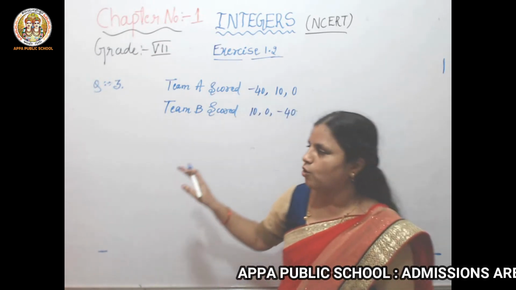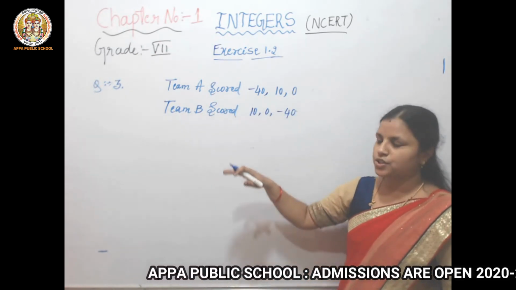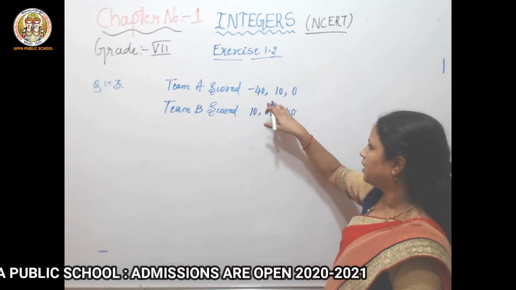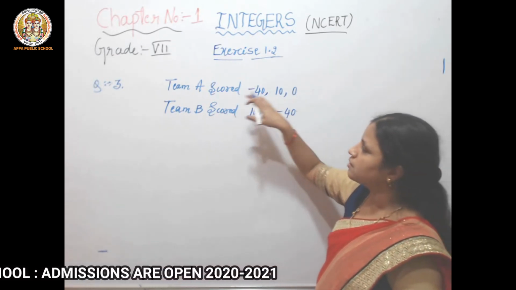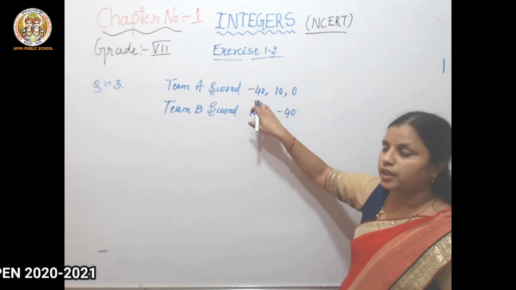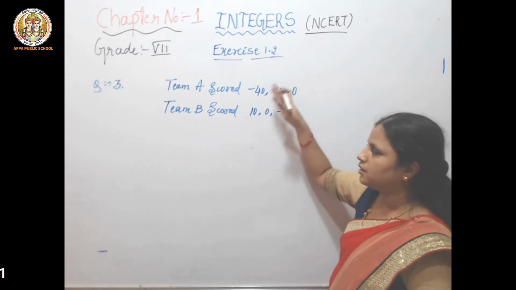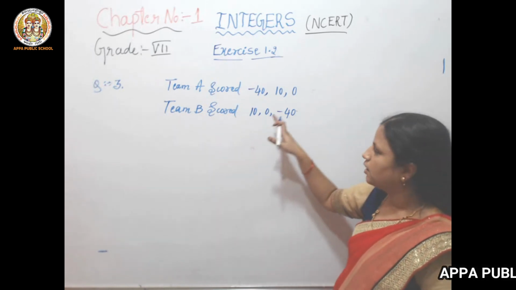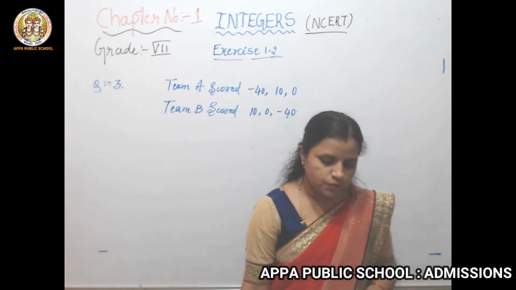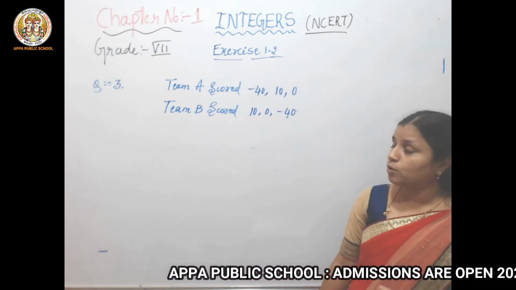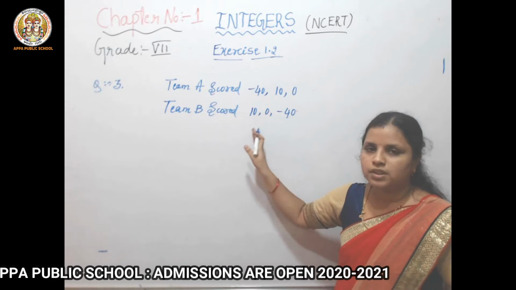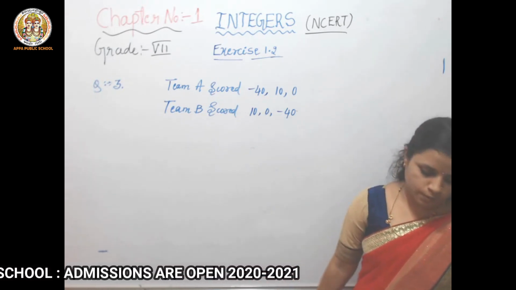So, there is a quiz competition. In that quiz competition, we are having Team A and Team B. We are having 3 rounds in that. In the first 3 rounds, Team A scored minus 40, 10, 0. And Team B scored 10, 0, minus 40. Now, which team scored more? The question asks, which team scored the more score?